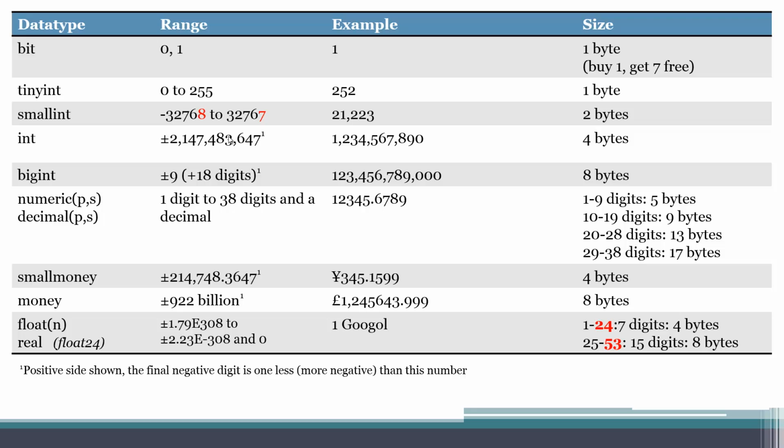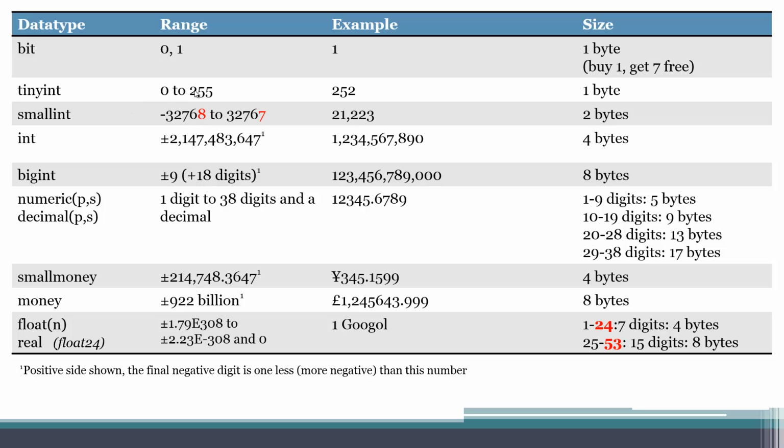For example, I doubt on the test they would say, you have a domain that covers from some negative number to 32,768, which data type should you use? I don't think they're going to test you on the exact number, but I think they'll test you on the scale. They may say, you've got a number that goes up to 10,000, or a number that goes up to 100 billion. And then you would need to know exactly where those ranges kind of fall. So I think you need to know the approximate place, but I don't think you need to know it precisely.